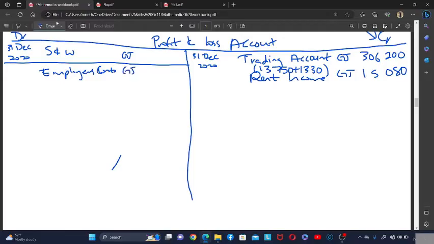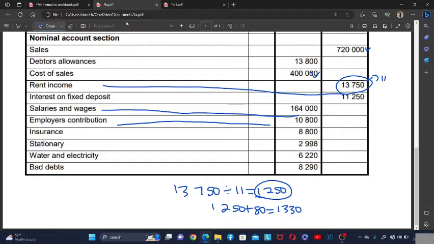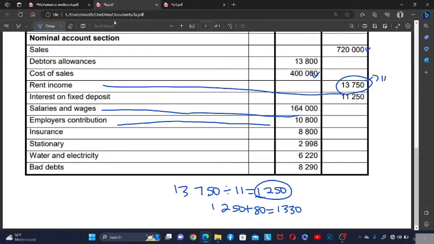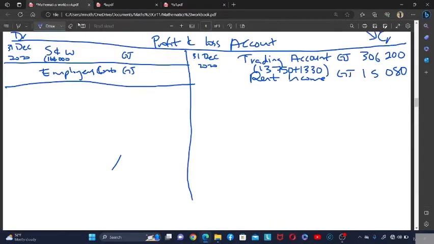The salaries and wages are 164,000, so we just open the brackets, 164,000. And then the employer's contribution is 10,800 plus.